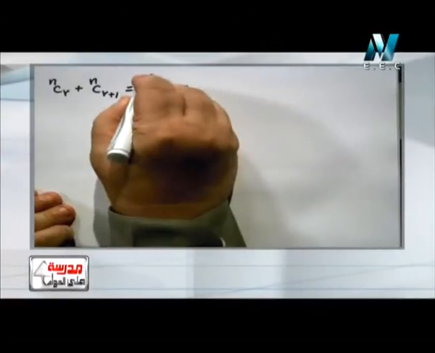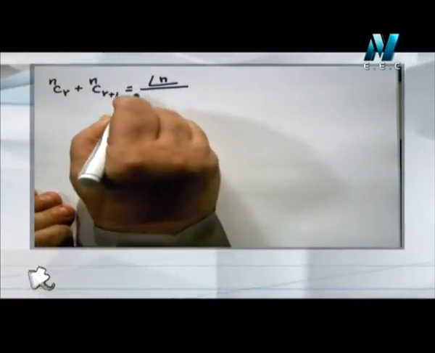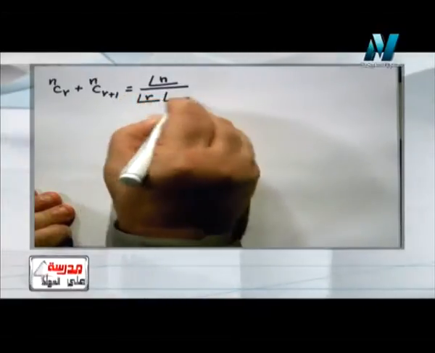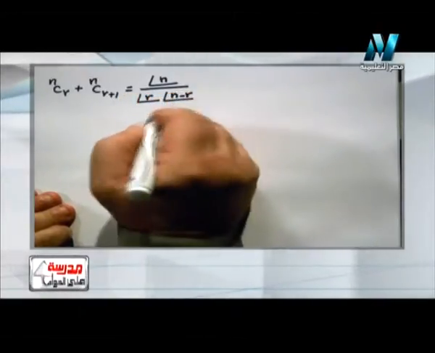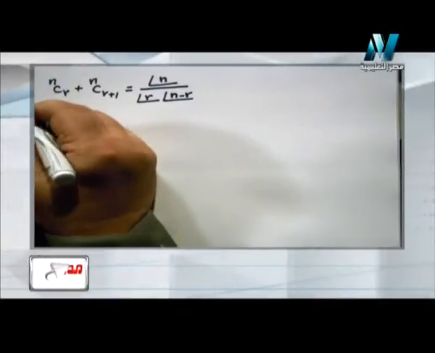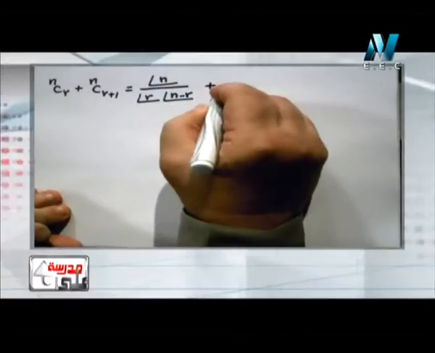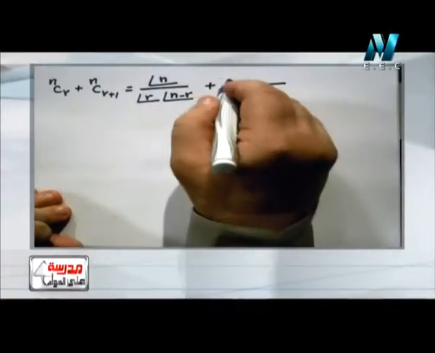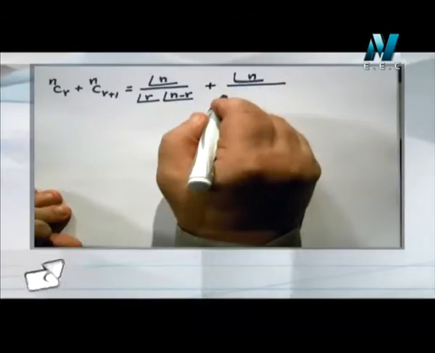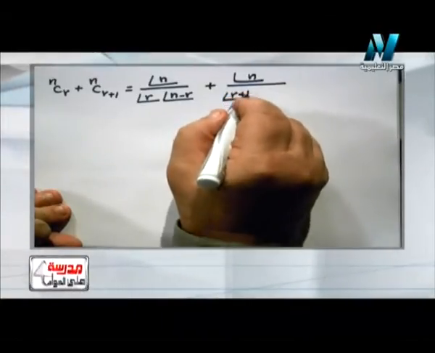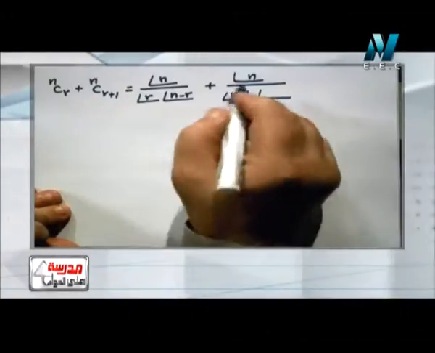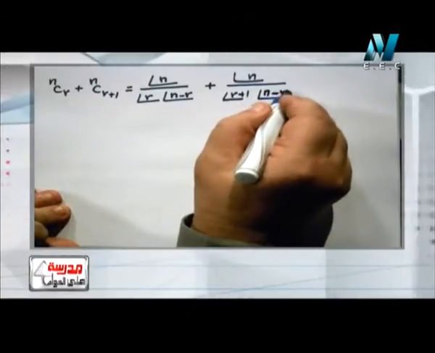It is factorial N over factorial R factorial N minus R. We have to expand the factorial, plus NCR plus 1, which is factorial N over factorial R plus 1, factorial of the difference between them, N minus R plus 1, which is N minus R minus 1.